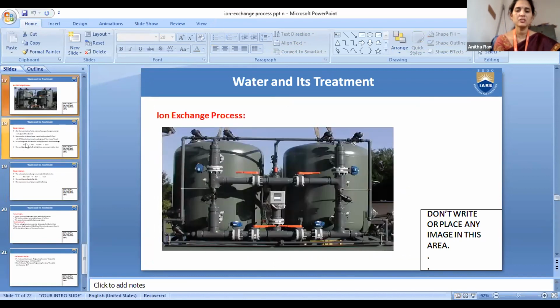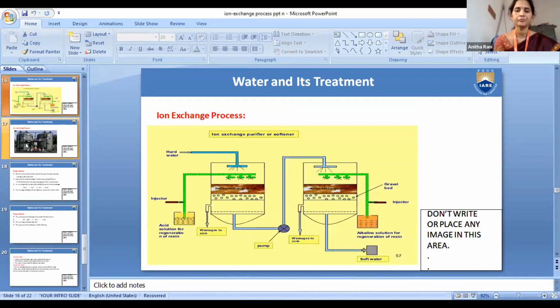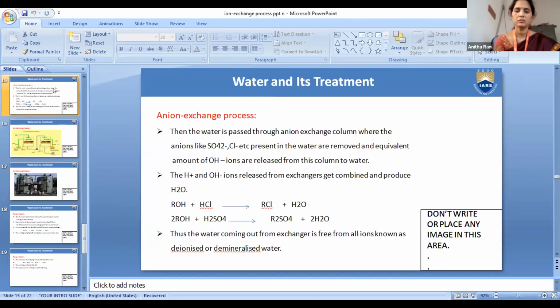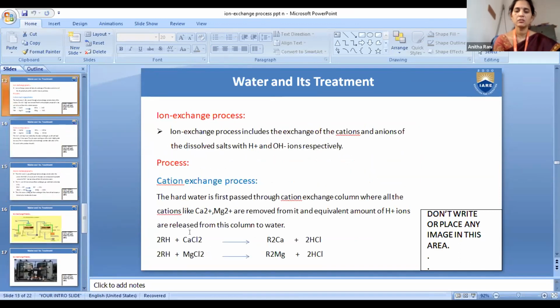Students, you understood this process clearly? So we take the hard water first in cation exchange resin, where exchange of cations, like calcium and magnesium, are exchanged with the cations, the H plus ions, from the cation exchange resin. So we will collect here the water containing HCl or H2SO4 from the first chamber, and the cation exchanger bed remains as R2Ca or R2Mg.